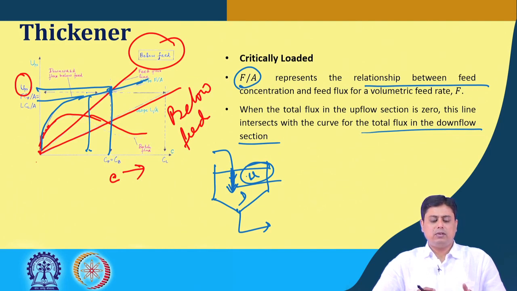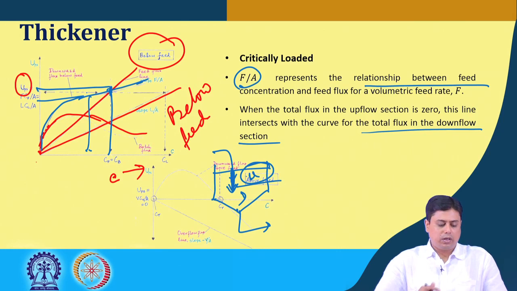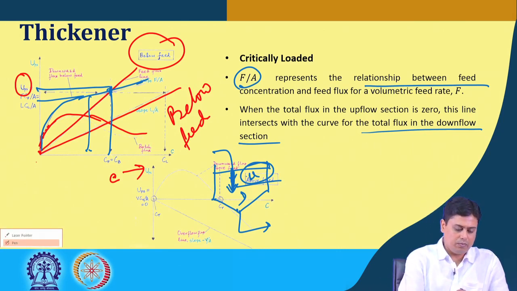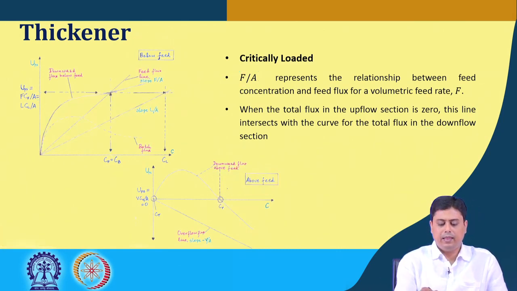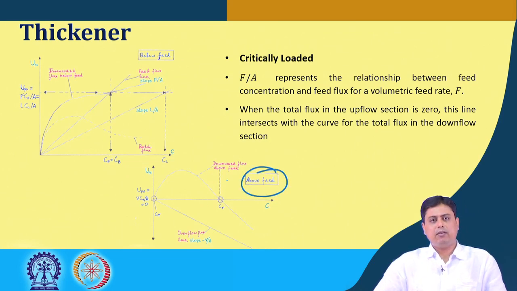As we are considering these to have positive slope, that would be in the negative direction, which would look like this, and below this is the above feed scenario.